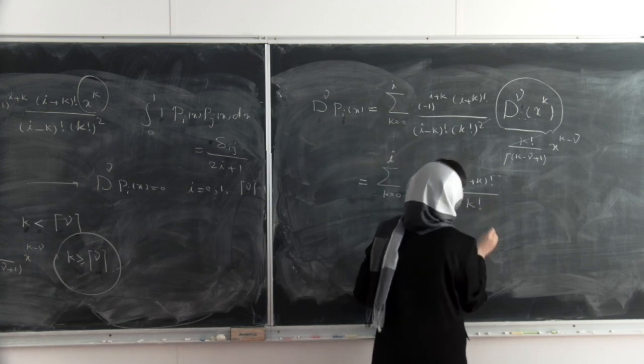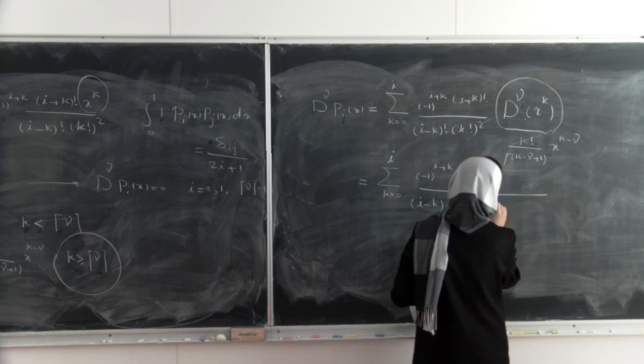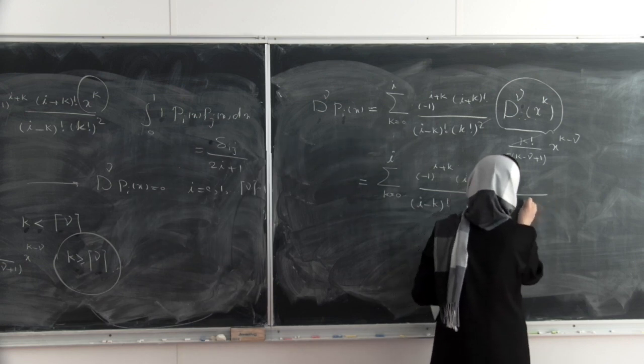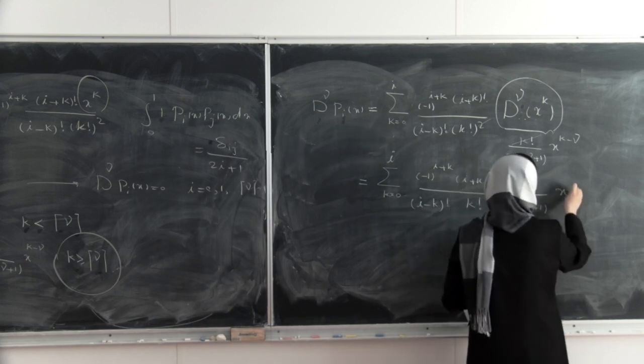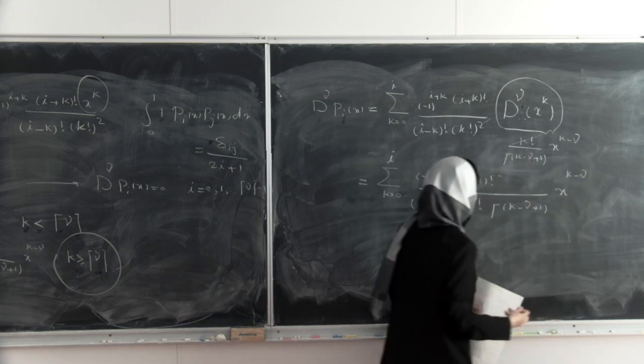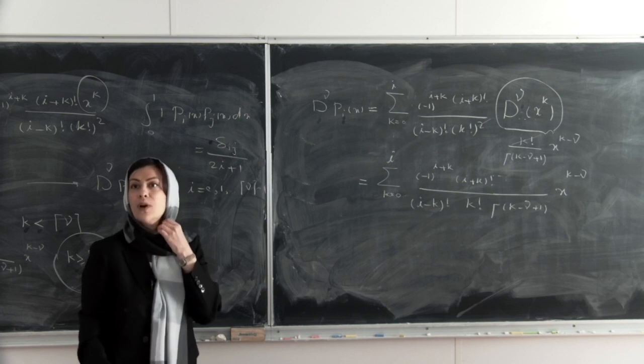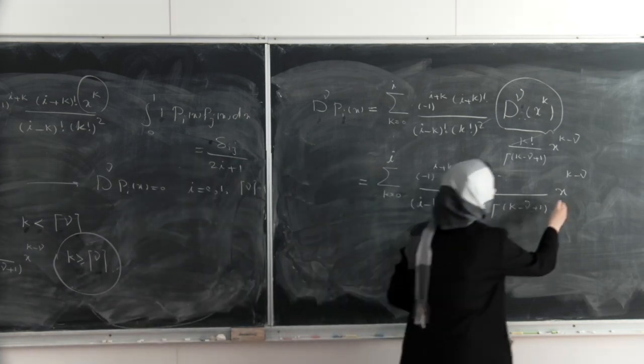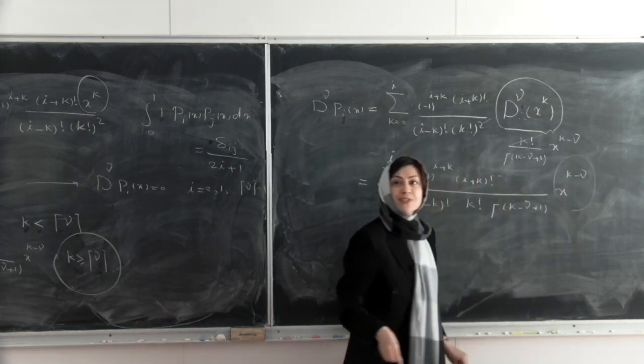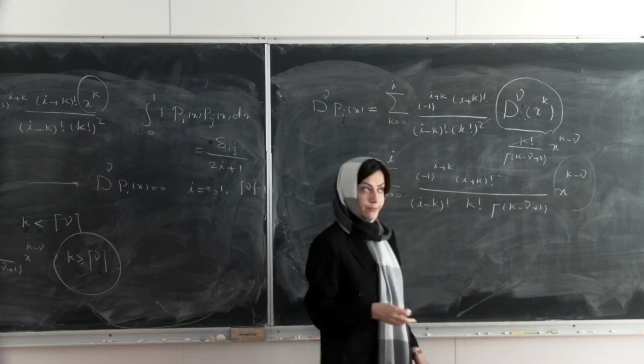K factorial gamma of k minus nu plus 1 x to the k minus nu. Here I want to approximate this part by using the Legendre polynomials.